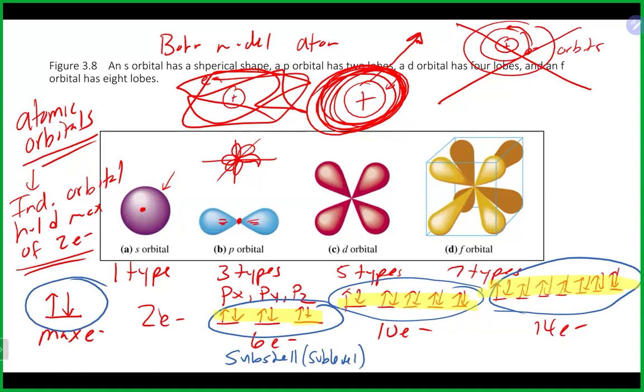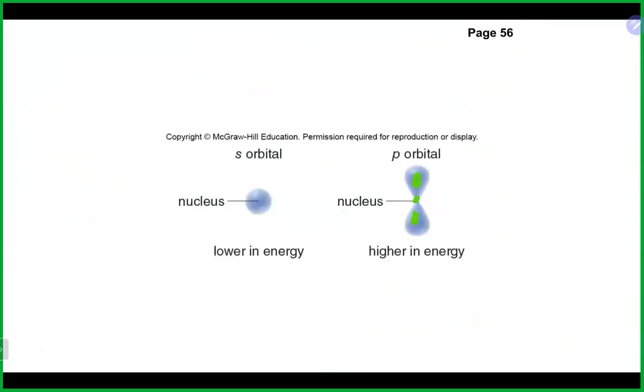Again, 7 different f orbitals, 14 electrons; 5 different d orbitals, 10 electrons; 3 different p orbitals, 6 electrons; and 1 s orbital, 2 electrons. Nucleus sort of in the middle, with a high probability of finding an electron near that part. That's what's sometimes referred to as a node, no amplitude.